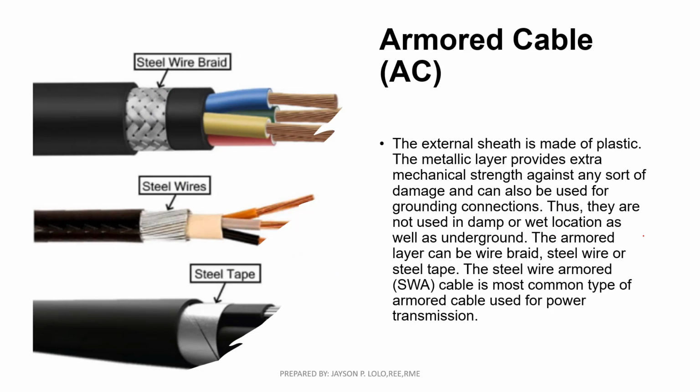They are not used in damp or wet locations as well as underground because this is highly conductive, so it can conduct electricity. This is very dangerous to use in an underground system. The steel wire armored cable is the most common type of armored cable used for power transmission. This is commonly used in some generation and some transformer substations.